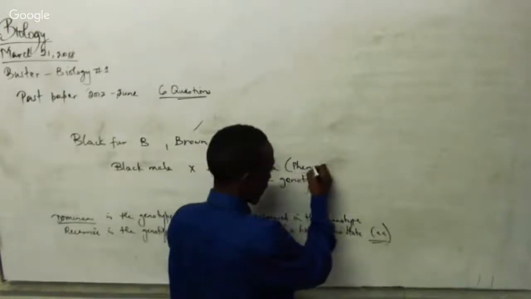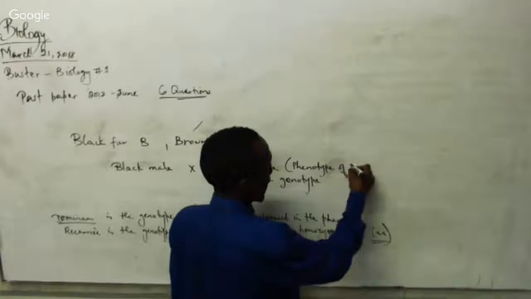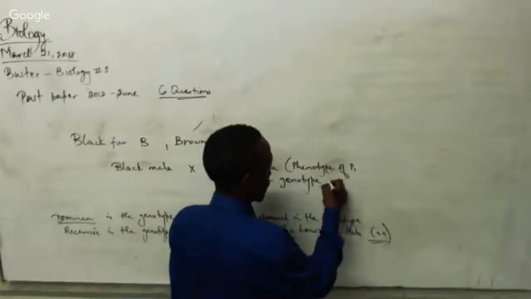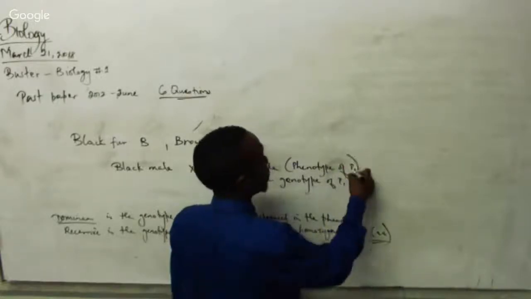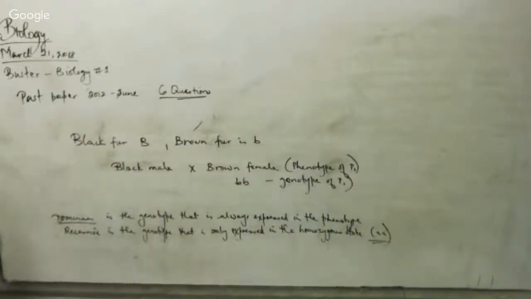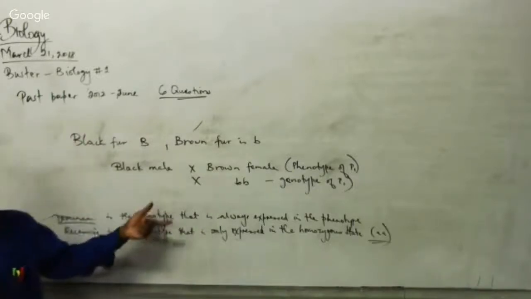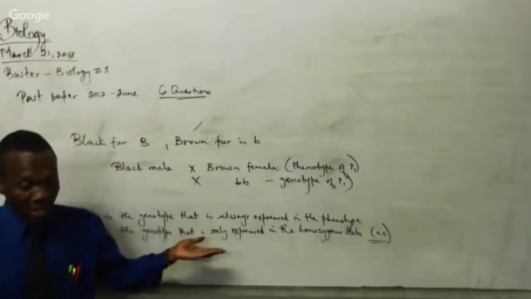So the phenotype of P1. We call it P1 because they're the first set appearing. That's F0.